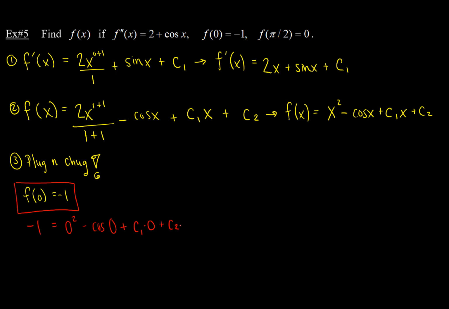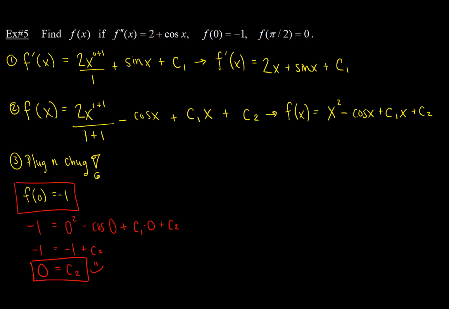Now notice what I end up with is -1 equals 0 minus 1 plus 0 plus c sub 2. So this is going to be -1 equals -1 plus c sub 2. If I add 1 to both sides, I see that c sub 2 is actually equal to 0. Neat. Well, that's okay. That's a constant, right?